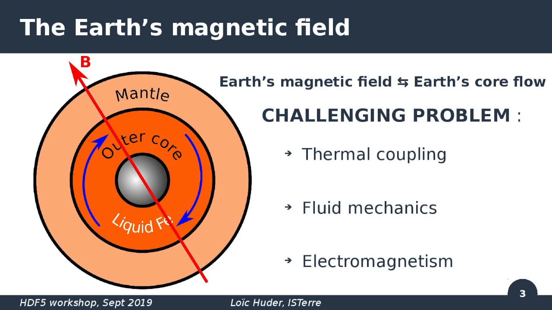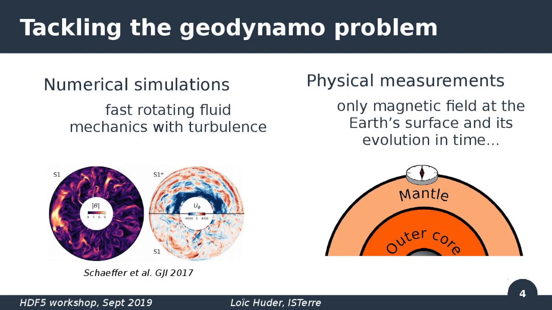As I said, this is a very challenging problem because it involves thermal coupling between the two cores, fluid mechanics because there are flows in the core, and also electromagnetism because of the interplay between the flow, the current in the core and the magnetic field. People have been trying to tackle this problem for years now, using all kinds of tools, numerical simulation and physical measurements.